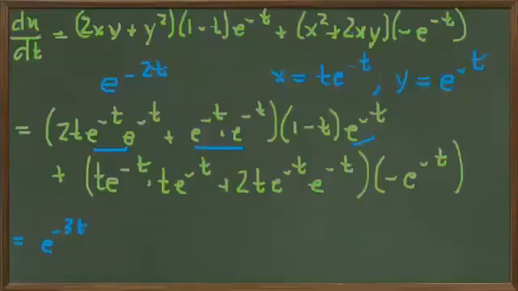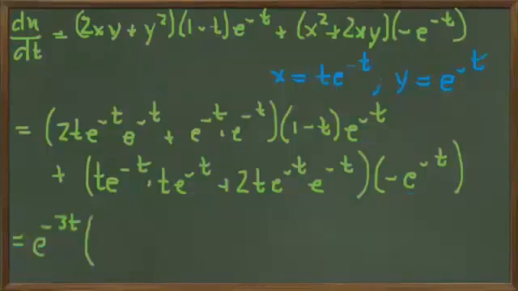That also turns out to be something we can factor from this second term, because there's an e to the minus t times e to the minus t here, e to the minus t times e to the minus t here, and that expression is also multiplied by e to the minus t. So we're going to be able to factor out e to the minus 3t from both terms.